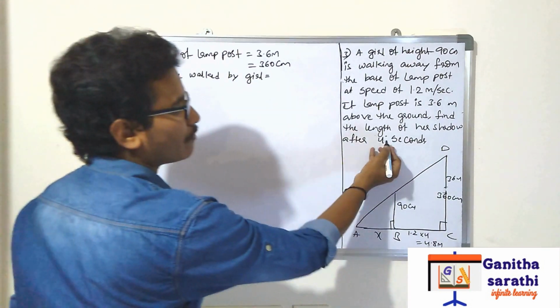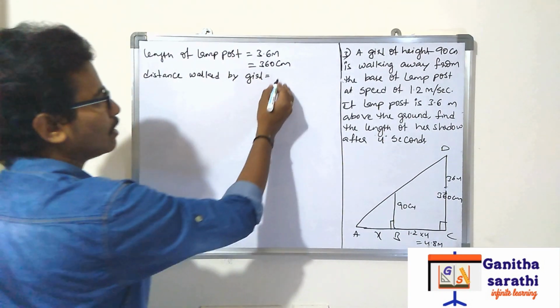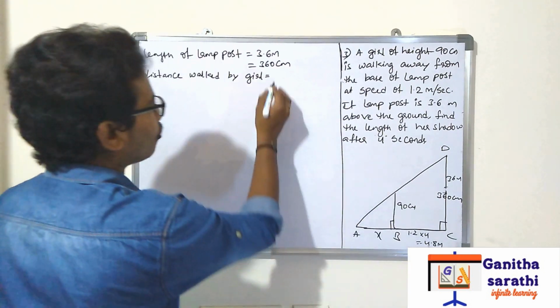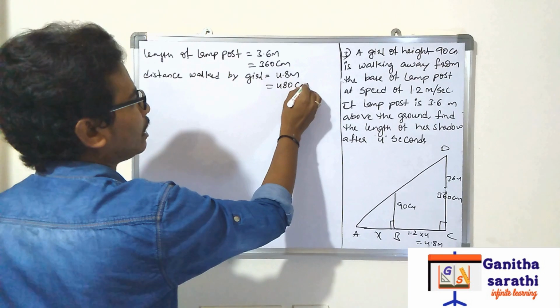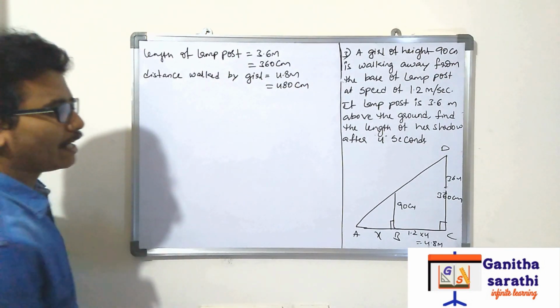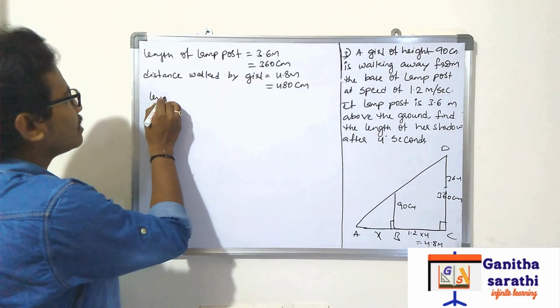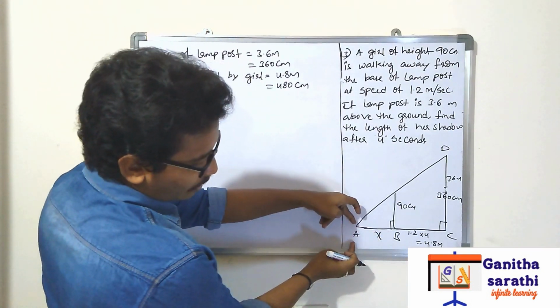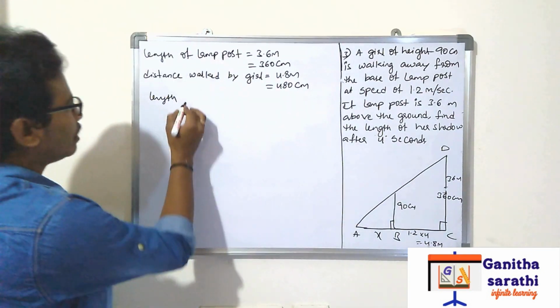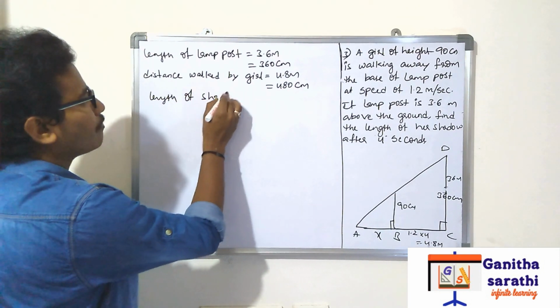After how many seconds? After 4 seconds. So 1.2 into 4, 4.8 meters. 4.8 meters means 480 centimeters. Now we have to find the value of the shadow. What is the shadow? If this is the girl's height after 4 seconds, then what is the shadow? The shadow will be AB. So the length of the shadow we have to find.